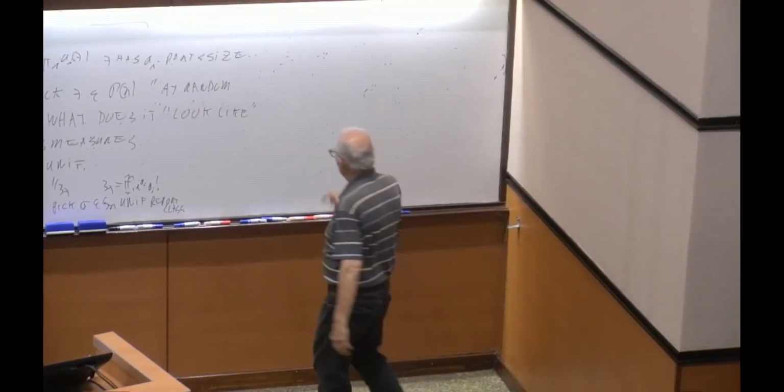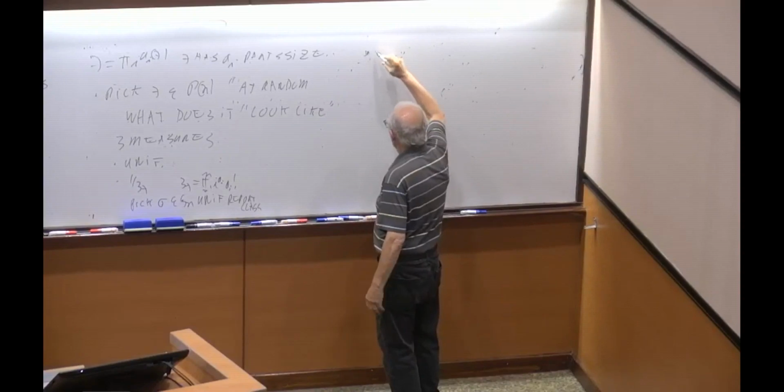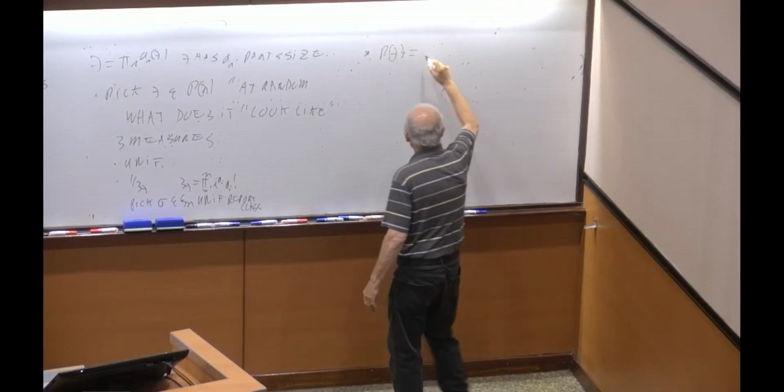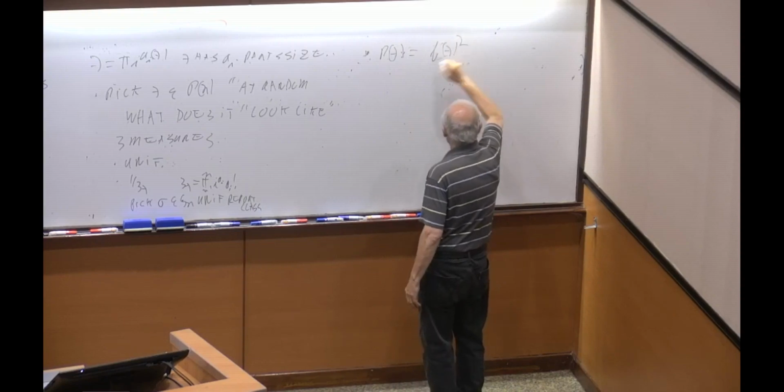A very popular one is the probability of lambda equal to f lambda squared over n factorial.